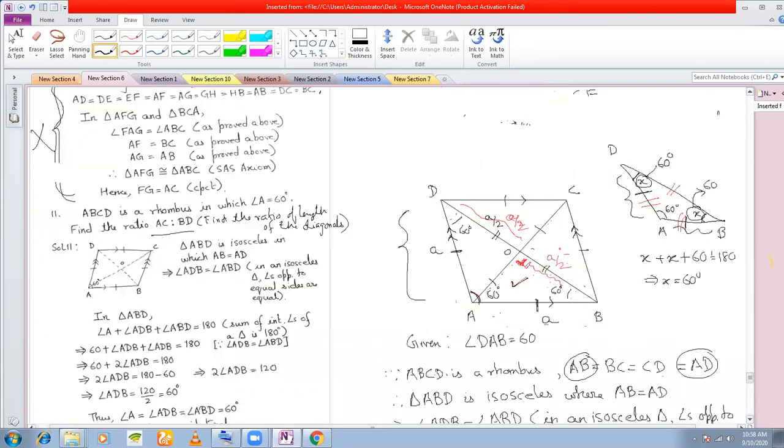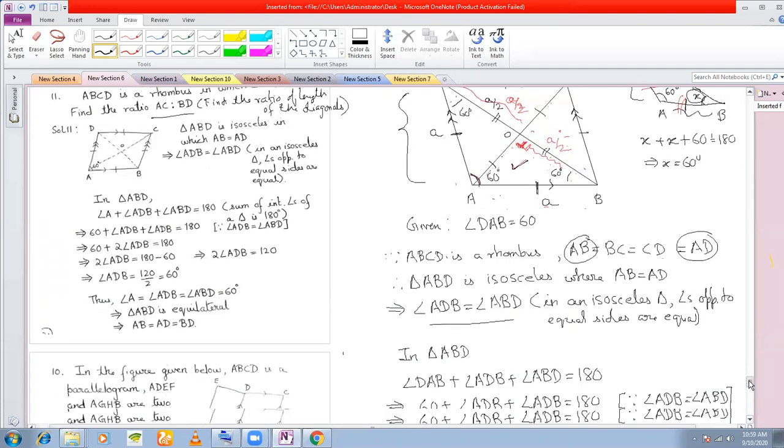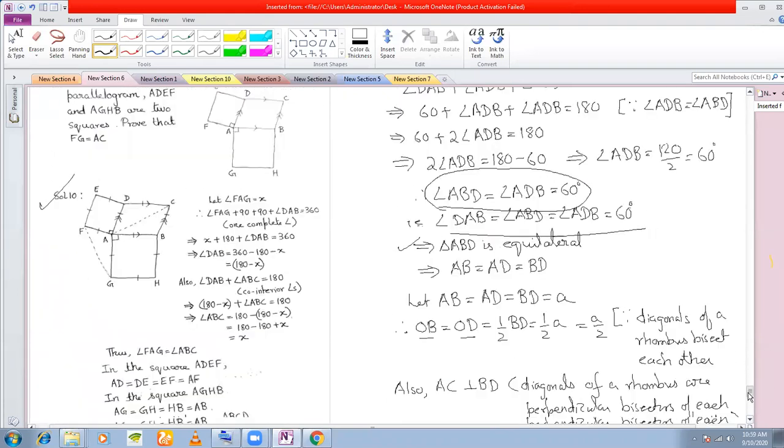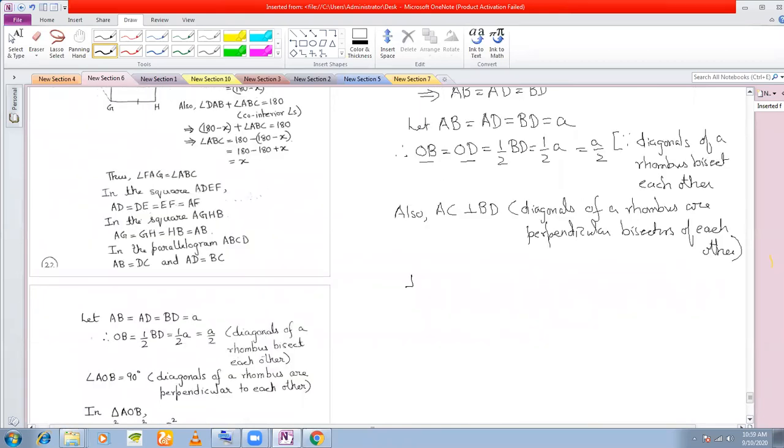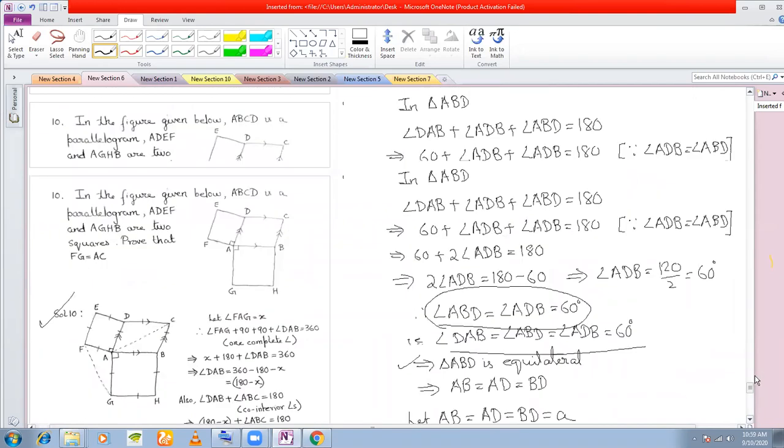So now we consider this right angle triangle in which my hypotenuse is AB. Okay. So we consider the right angle triangle OAB. In the right angle triangle OAB, AB is the hypotenuse.